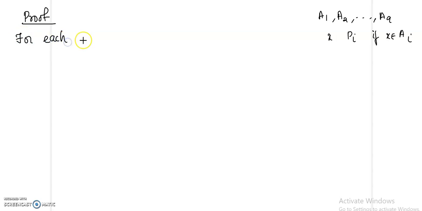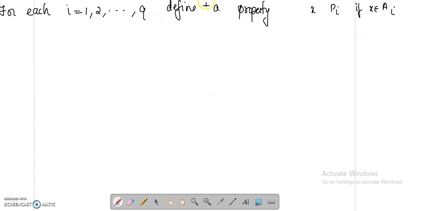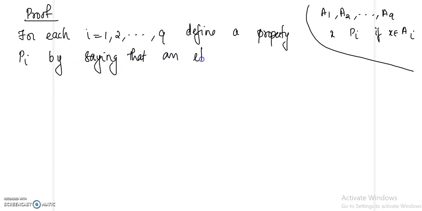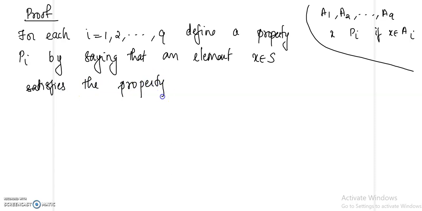So for each i equal to 1 to q, define the property Pi by saying that an element x belongs to S satisfies the property Pi if x belongs to the set Ai.